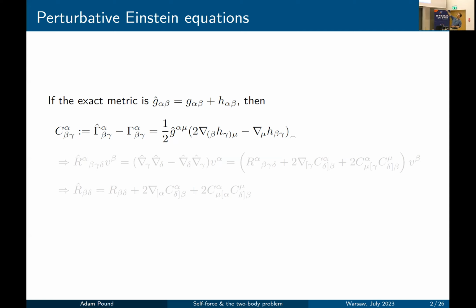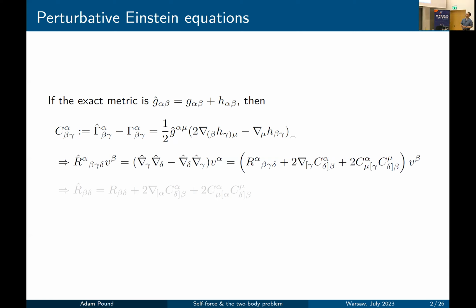Okay. So it has a very simple formula in terms of the inverse of the exact metric, and then some derivatives of the perturbation. Nabla here is the covariant derivative associated with the background metric, not with the perturbed metric. And once we know the corrections to the covariant derivatives through this, then we can write down what the Riemann tensor is in the exact spacetime in terms of this tensor C. We have zero torsion, we're in GR.